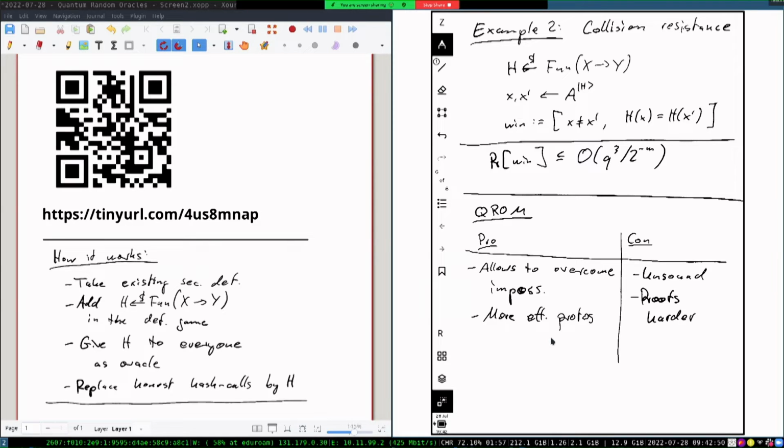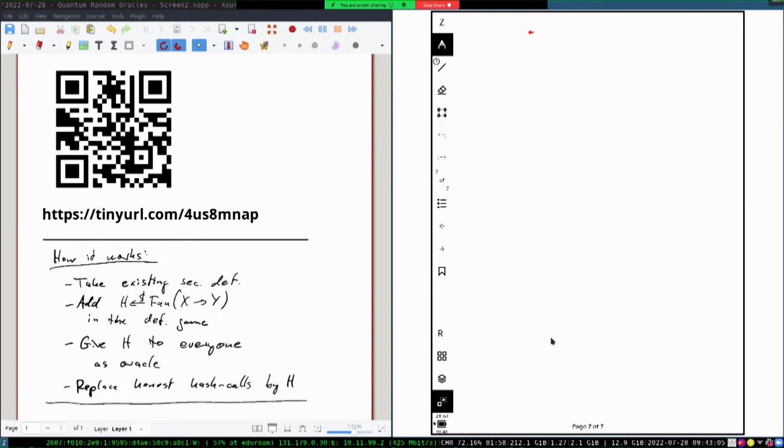So why is it that the proofs are now harder in the QROM? What makes the QROM so much more annoying than the classical oracle? And remember lazy sampling that I talked about in the classical case.